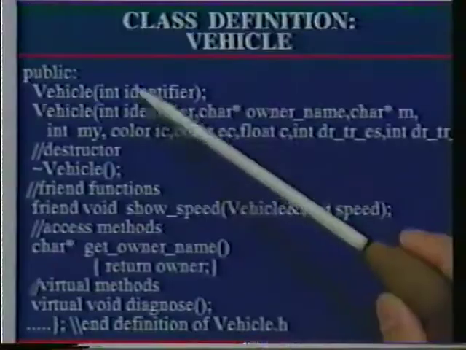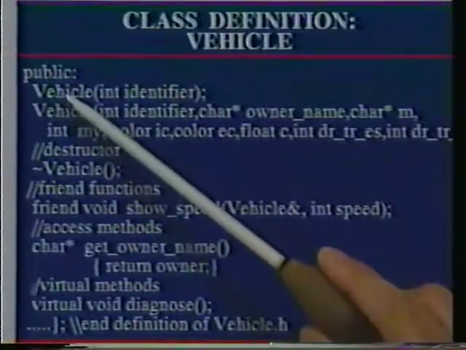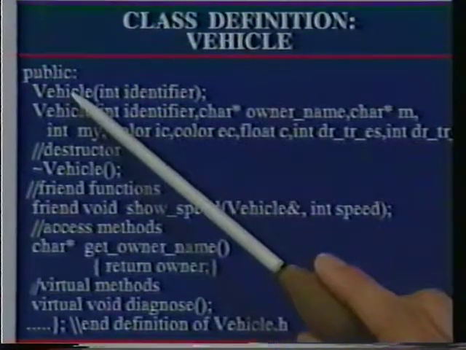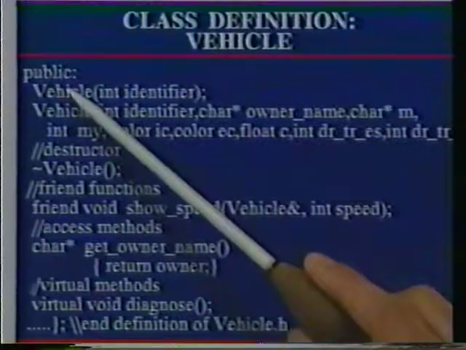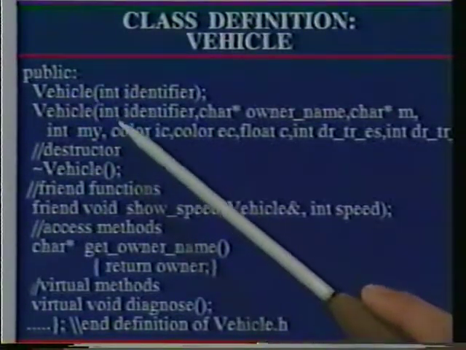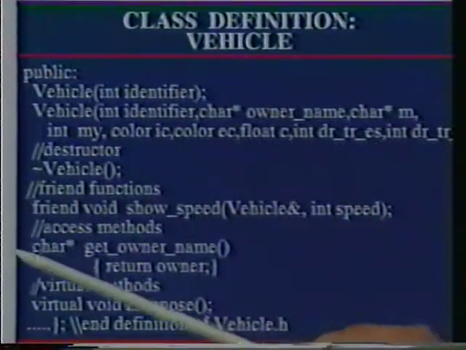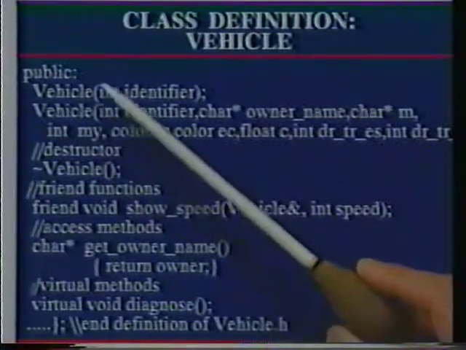Now, why do we have these two functions here? The reason is that if you invoke this vehicle function with only this argument here, this method will get invoked. And if you send it with these arguments, this function will get invoked. And this is the process of overloading, and we are overloading member functions here.